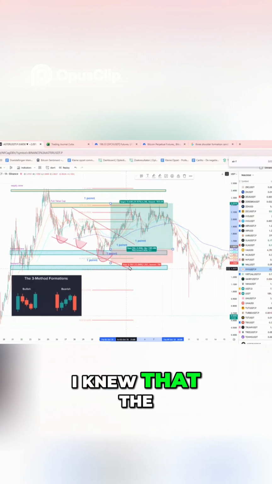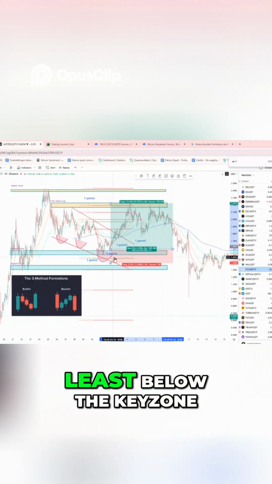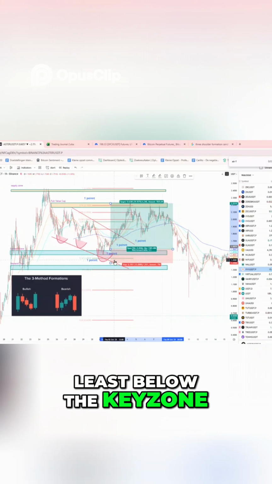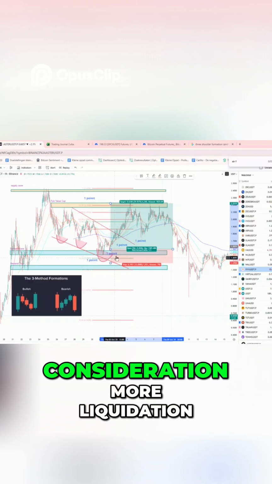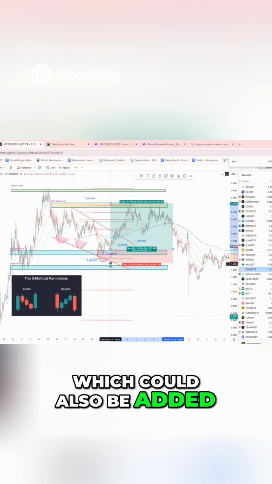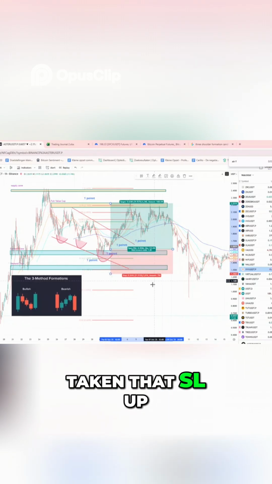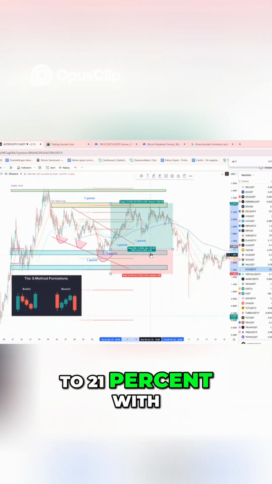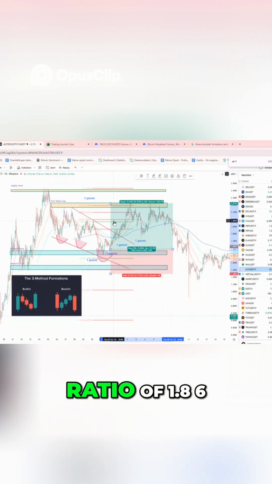I knew that the trade would go at least to below the key zone once taking into consideration more liquidation, and there's a second key zone which could also be added. So I should have taken that SL up to 21% with a risk to reward ratio of 1.86.